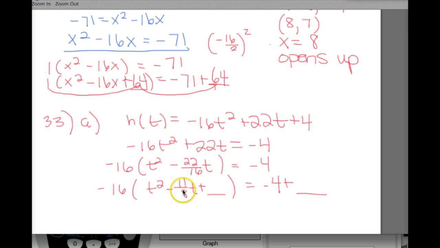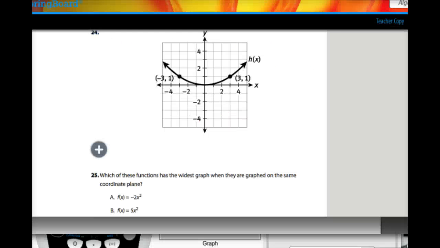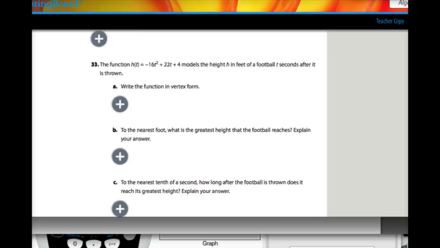So, divide by 2 and square. Dividing by 2, negative 11/8 divided by 2 is negative 11 over 16. When you square it, that gives you 121 over 256. Now, I believe this is a real life situation. I could double check it here on 33.